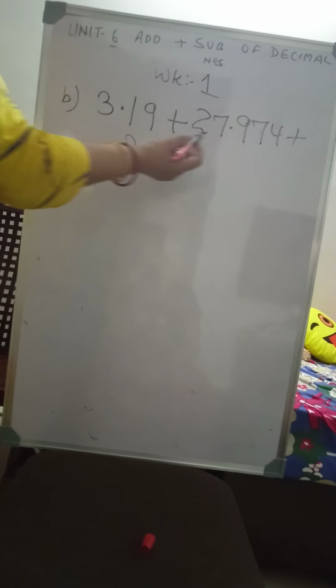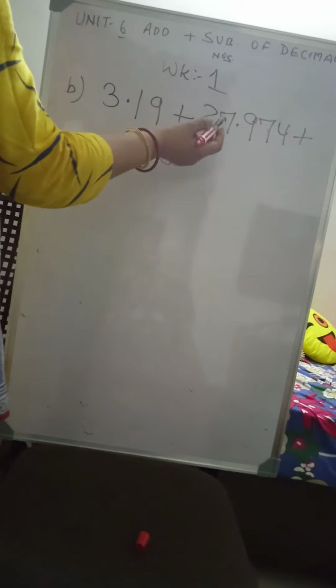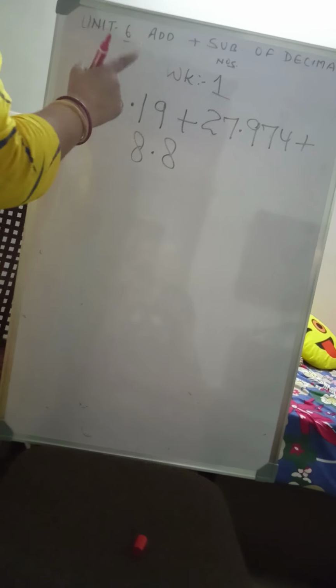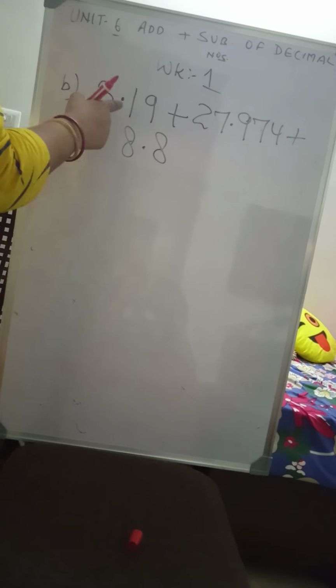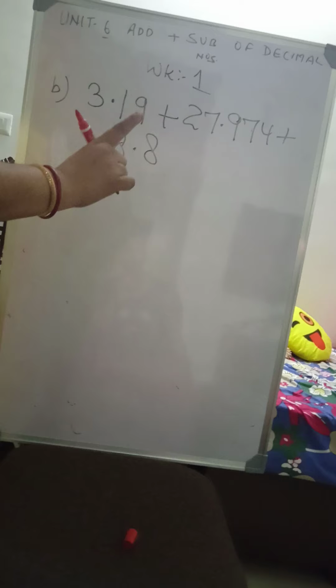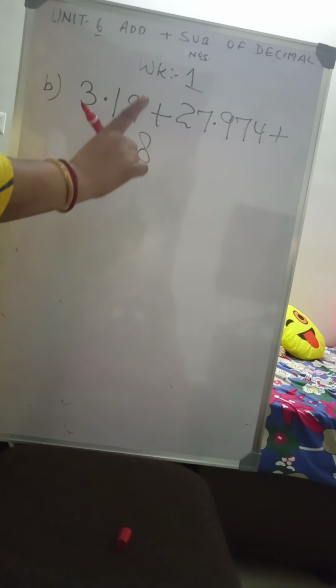So here all of you see children, these decimal numbers are unlike. They are not having the same decimal places. So firstly we have to convert these addends into like decimals. It means having the same decimal place.